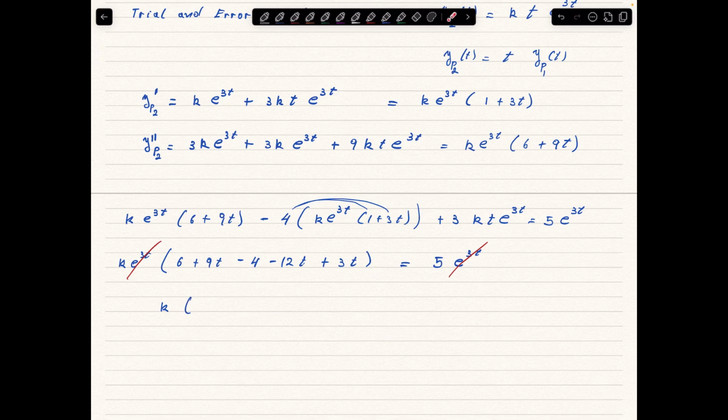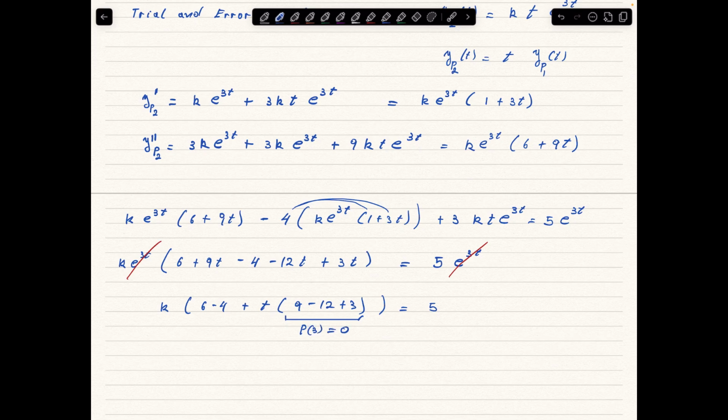Here we have two types of terms inside here. Those with t, those without t. So let's put them together. We are going to have 6 minus 4 plus t, that multiplies 9 minus 12 plus 3, equal 5. Notice that here again we have the characteristic polynomial evaluated at 3, which is 0.